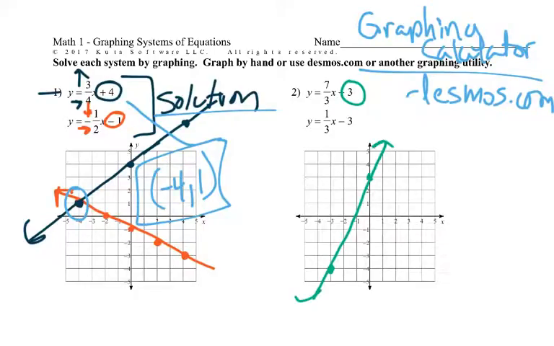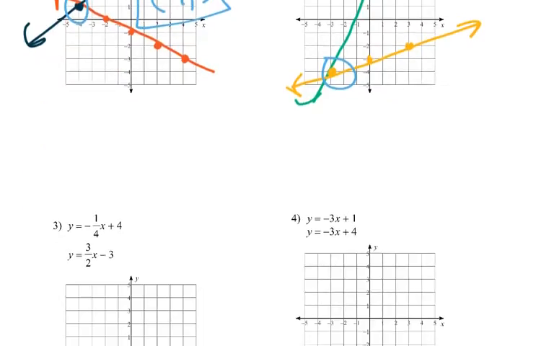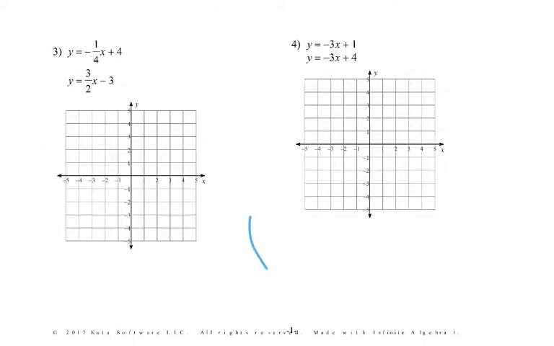Then negative 3 to start us off, slope of 1 over 3, so up 1 to the right 3, or down 1 to the left 3. Should be pretty apparent where my answer is, right there at negative 3, negative 4. So the solution to this system, the point that is the answer to both of them, is negative 3, negative 4.